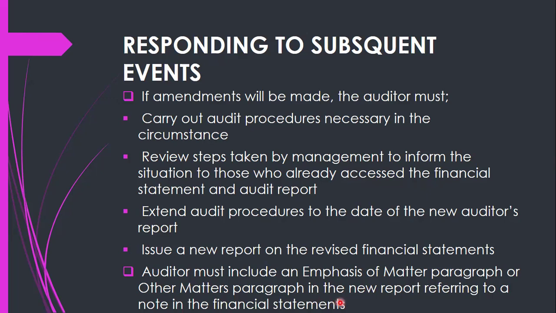So if those amendments have been made, the auditor needs to inform the user saying, wait, this report that has been released is a second report given these facts that we discovered after the financial statements were released. So it needs to include an emphasis of matter paragraph or other matters paragraph in the new report.